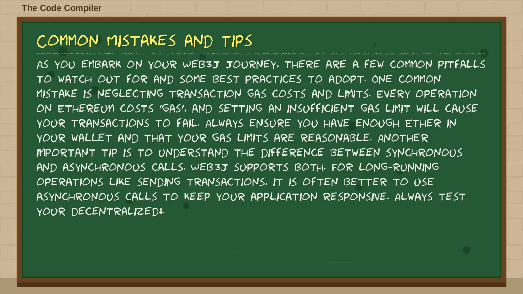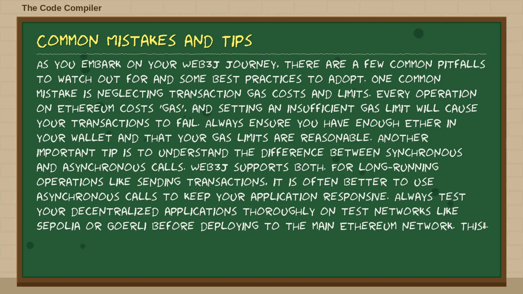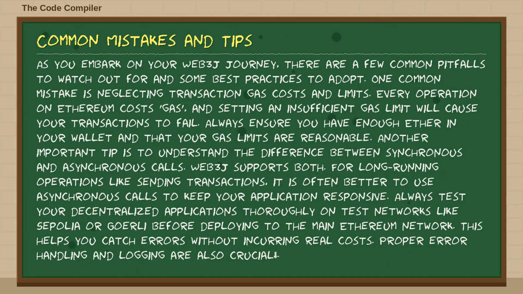Always test your decentralized applications thoroughly on test networks like Sepolia or Goerli before deploying to the main Ethereum network. This helps you catch errors without incurring real costs. Proper error handling and logging are also crucial for debugging and maintaining your decentralized applications.